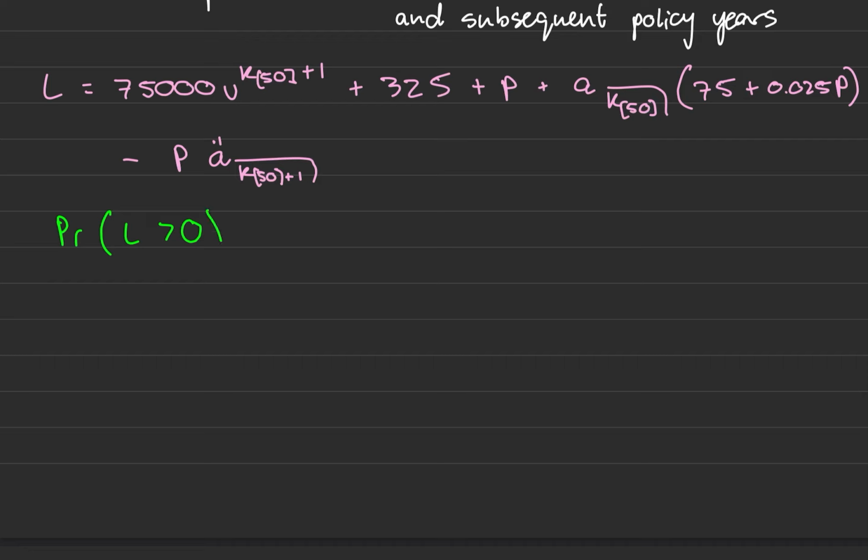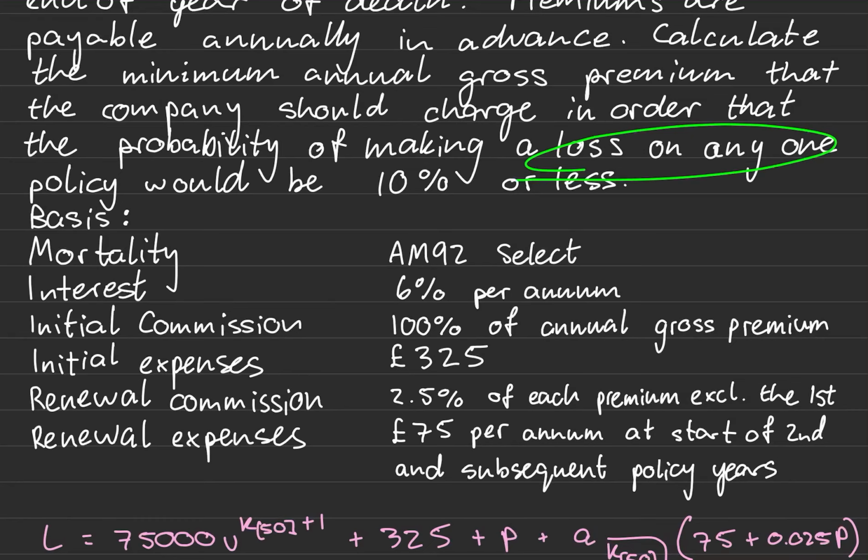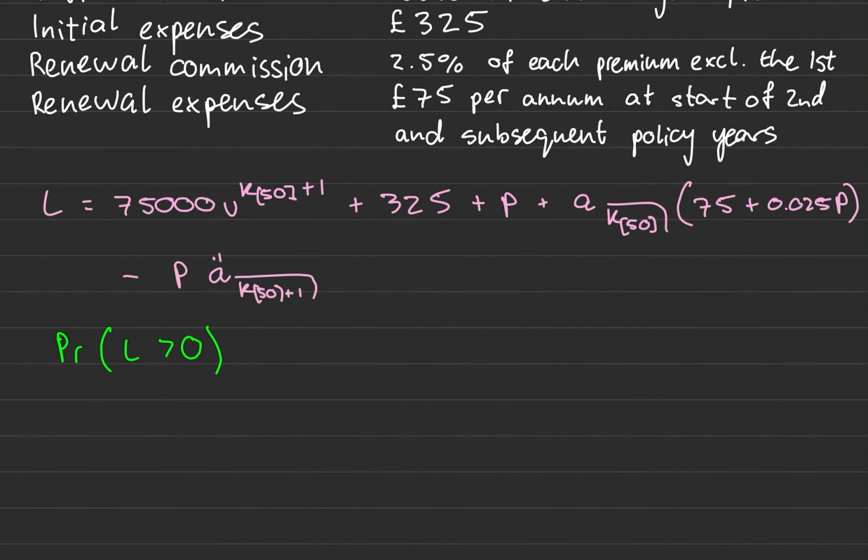In other words, the loss random variable being greater than 0 represents a loss. This must be, now the probability of making a loss on any one policy should be 10% or less, is less than or equal to 0.1. That's me setting up for these calculations now.